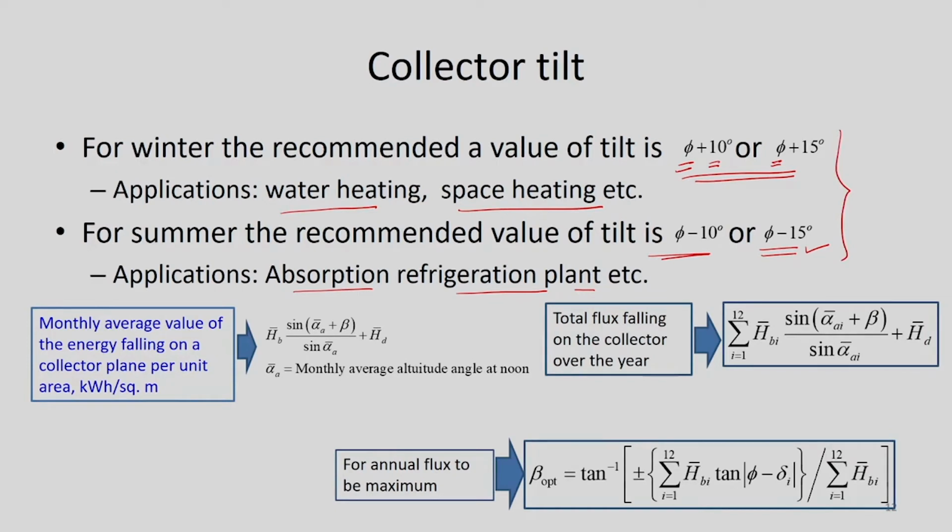Now, our concern is, say we are trying to install a collector system to meet the demands in the winter months. In that case we need to find the optimum beta value for maximum exposure to solar radiation, for applications like space heating.